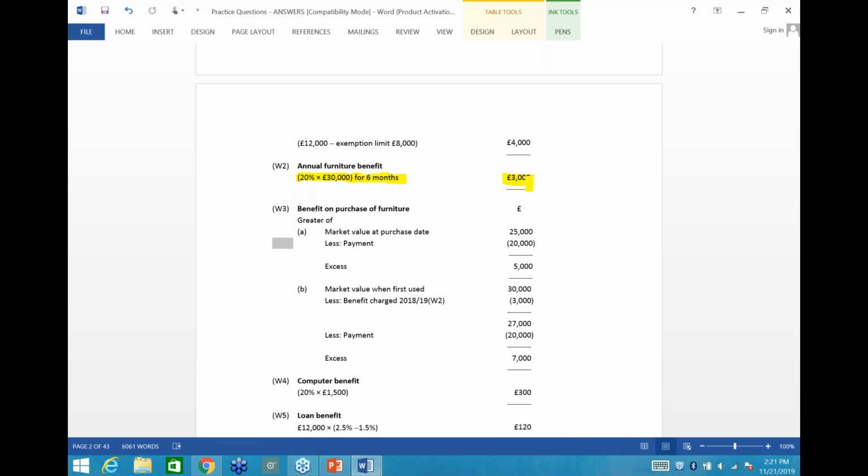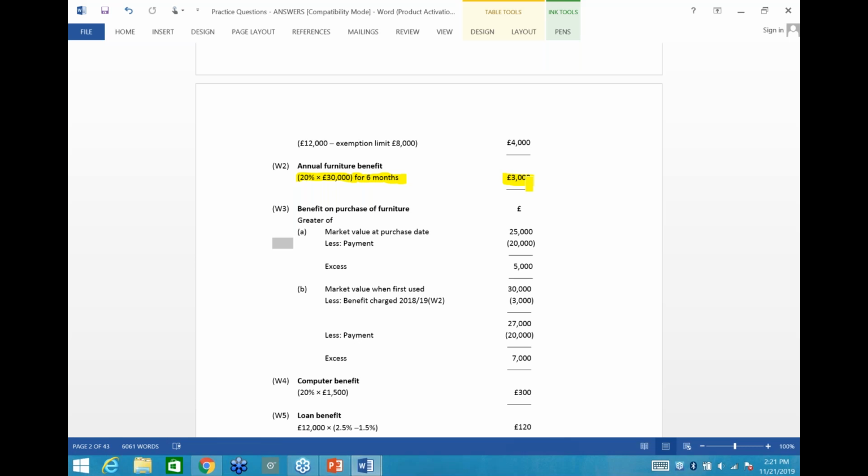In accounting, we calculate the net book value of an asset by deducting accumulated depreciation from the cost. So here, there's nothing called depreciation in taxation, but we do a very similar computation like that. Anyway, what was the market value at the time of purchase?